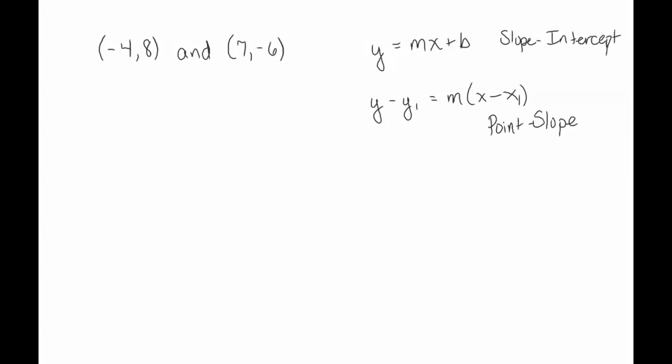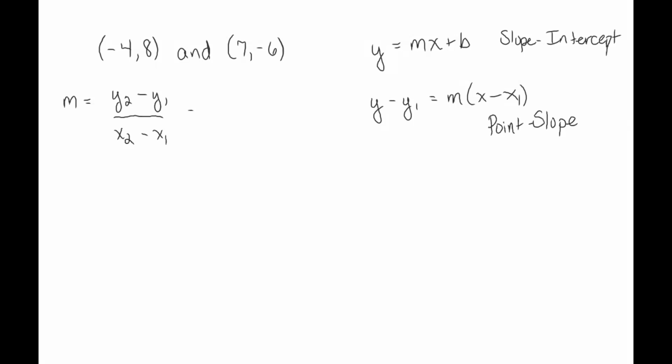So let's see if we can find the slope. Remember, our slope formula was the difference in the y values over the difference in the x values. This is telling us how steep the graph is, the rise over the run. So we're going to subtract, and it doesn't matter which one we call the second point, but we have to be consistent.